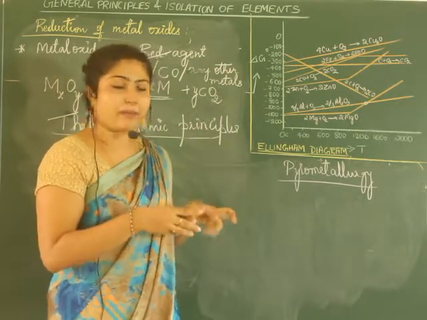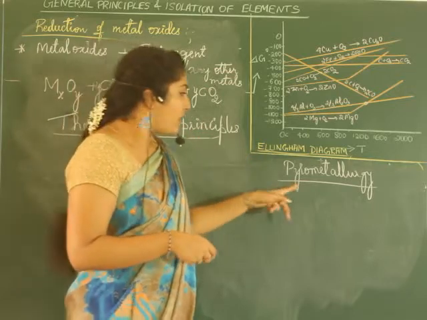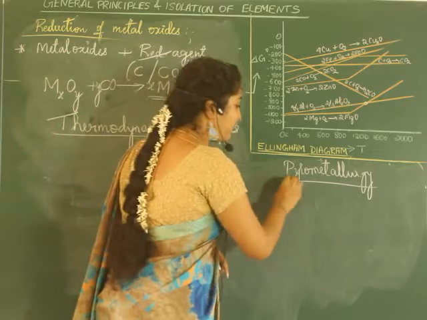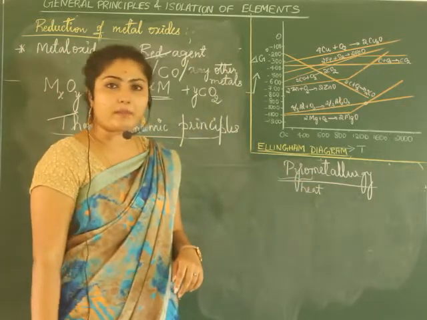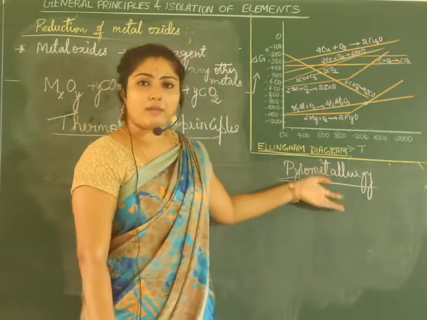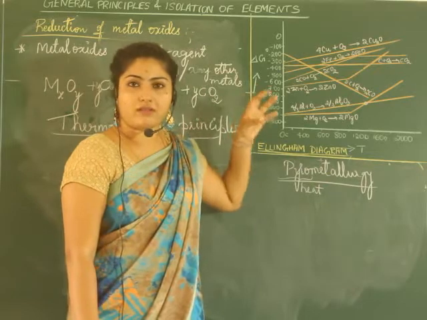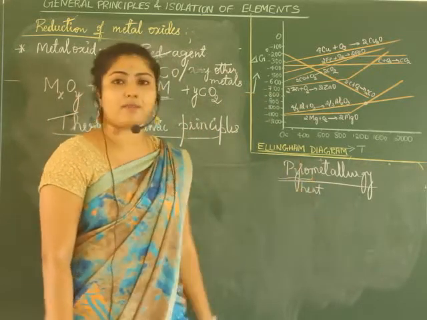On the basis of temperature, the reduction process is called thermal reduction. Pyro means heat, or temperature. So thermal reductions are carried out based on the temperature conditions which we get to know. That is under pyrometallurgy.